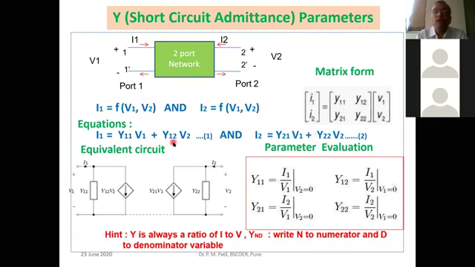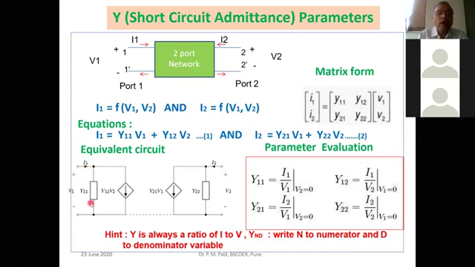From these equations, you can even draw the equivalent circuit, same as that of your Z parameters. The two-port network is shown here, with this V1 and this I1 for port 1.